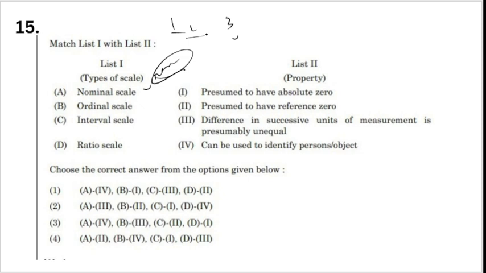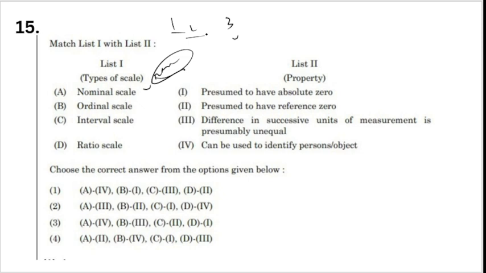Then about the ordinal scale, what is going to be there in regard to the ordinal scale? Ordinal is a ranking based scale. Which of the options here talks about that? Third one, that there is going to be a difference in successive units of measurement and it is presumably unequal.